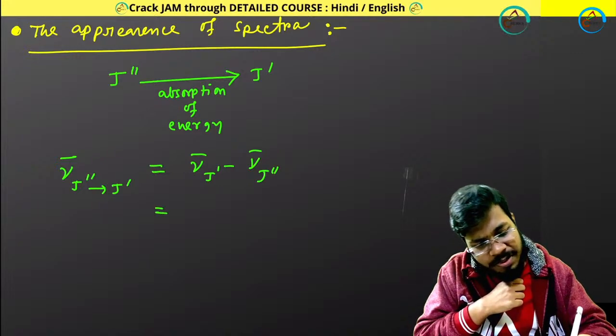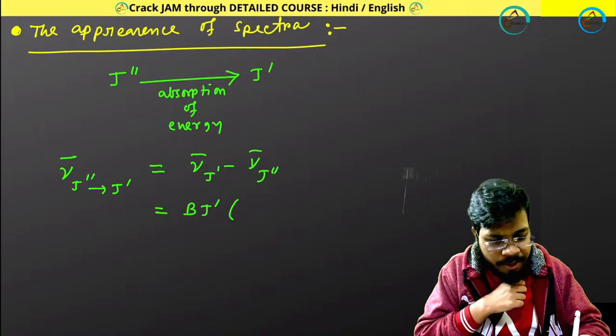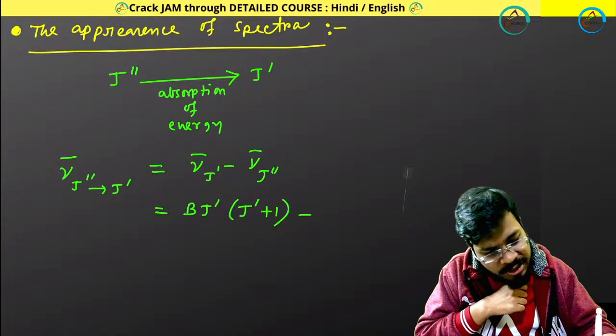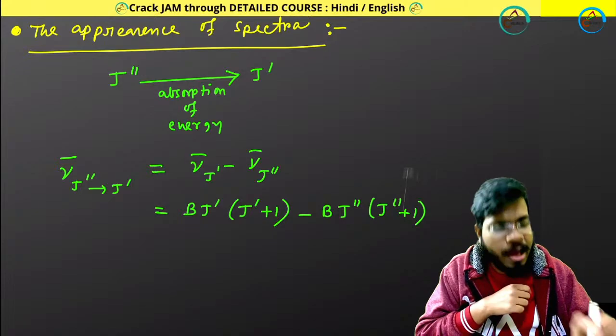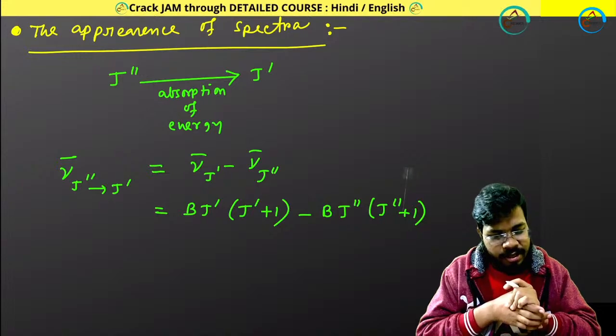If I put the value of this J', I will be getting this expression, B J'(J' plus 1). And if I put this value, B J''(J'' plus 1), I will be having this. Simple. I have just put values.